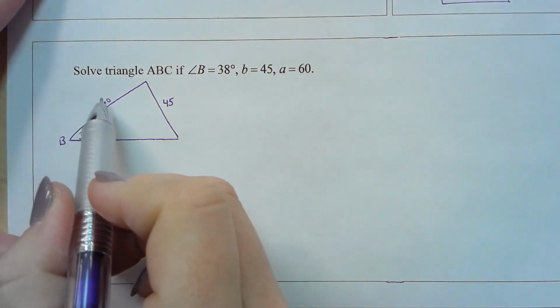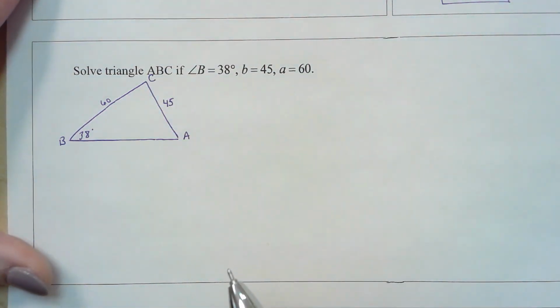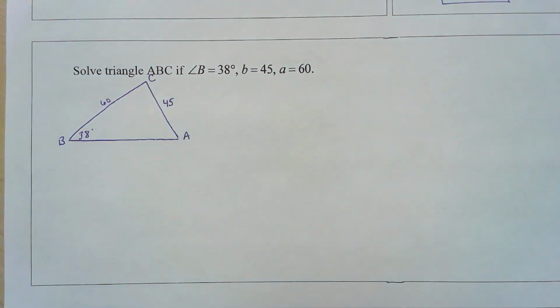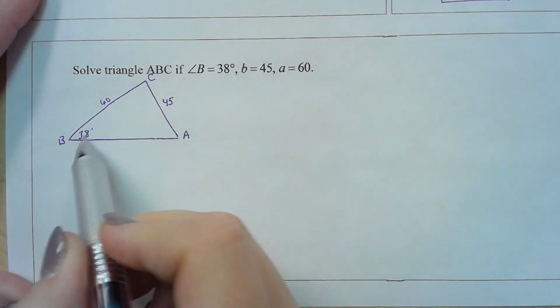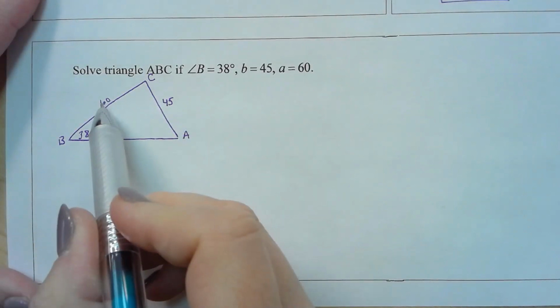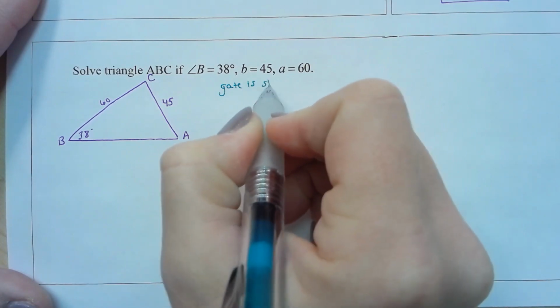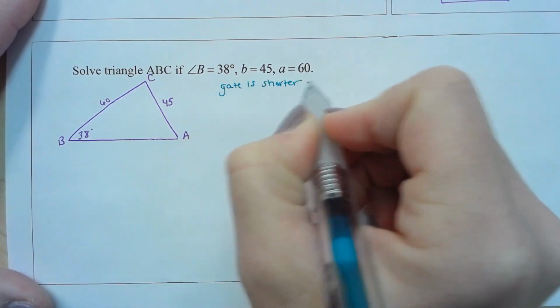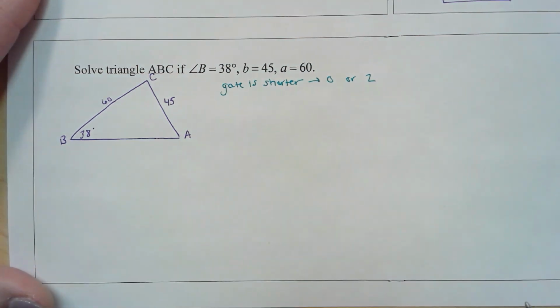So 60 is a, which means angle C would be at the top. So just real quick, I'm not assuming that we have two triangles, but if this is an acute angle, and if the gate is shorter than the other side, I'm going to write that down. So the gate is shorter, that means we either have 0 or two triangles.